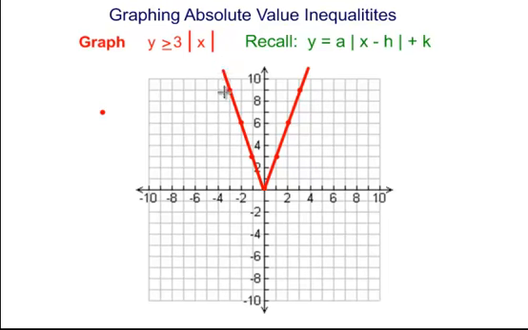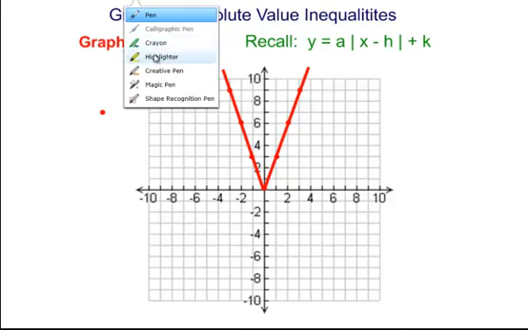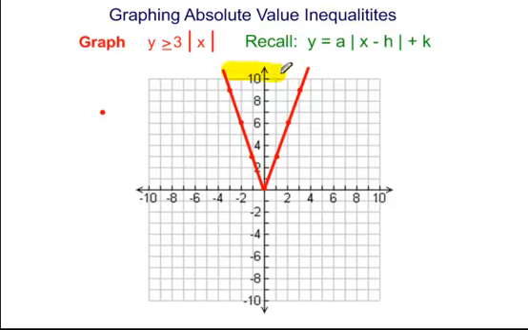Okay, so what I've graphed now is y equals 3 times the absolute value of x, not y is greater than or equal to 3 times the absolute value of x. Well, the difference between them is that we have regions. This region here you might consider inside the absolute value, and then the other region is going to be outside the absolute value, and that's going to be everything else.